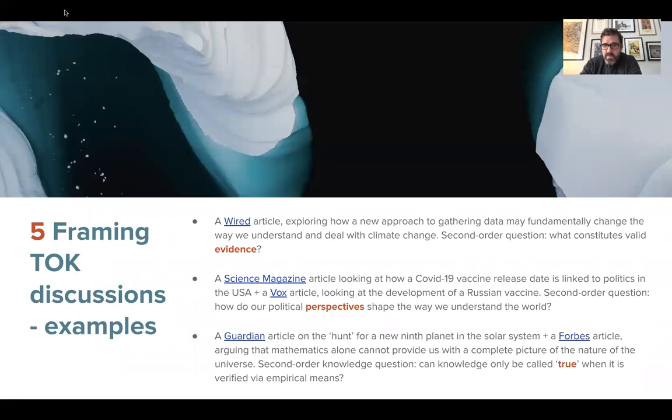So you can see here as well that I've highlighted words that relate to or are the 12 concepts of TOK. The first one's all about climate change. Now, in ESS, say, or in biology, or in geography from group 3, you do a lot of work on climate change. You do a lot of work on what's causing climate change.